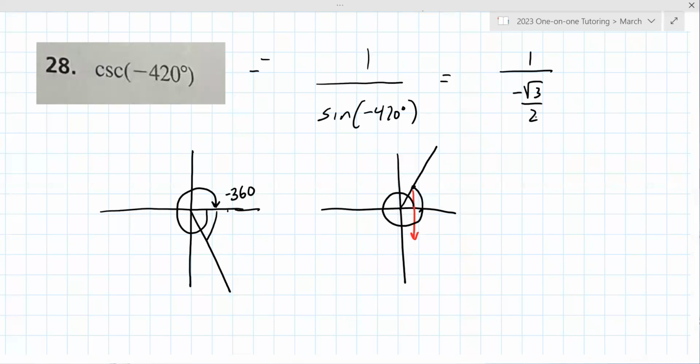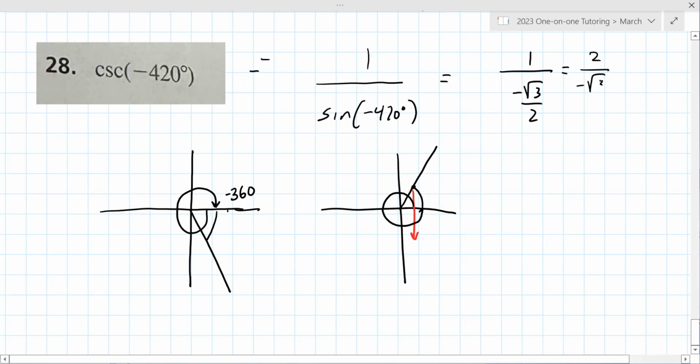Okay, so will you try simplifying and then rationalizing this? So 2 over negative radical 3. Okay. Then you have to rationalize that. So it'd be negative 2 radical 3/3. Yes. So you multiply top and bottom by radical 3.